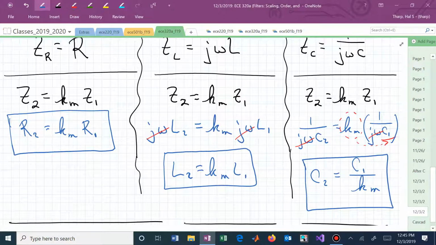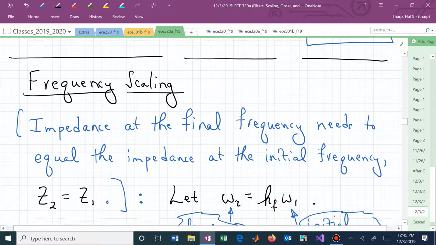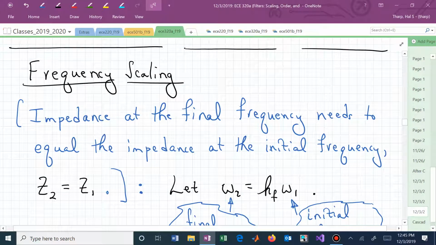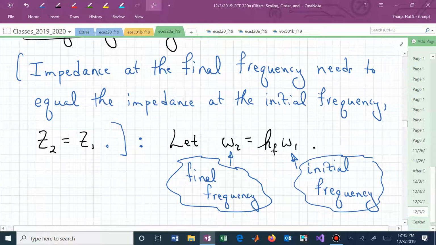We also want to be able to frequency scale. We want to move that passband off of the normalized value of 1 radian per second. In this case, we want the impedance at the final frequency to be the same as the impedance at the initial frequency.